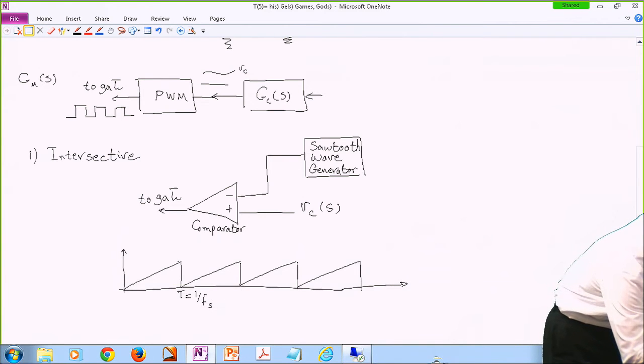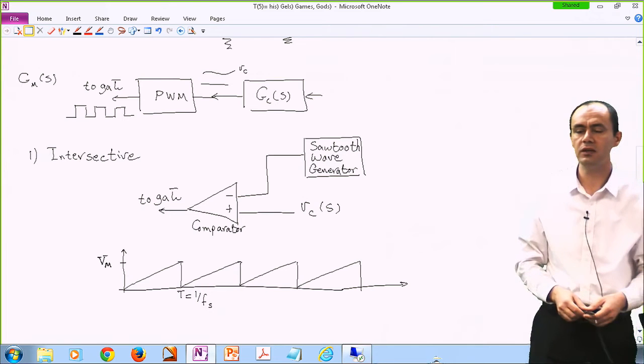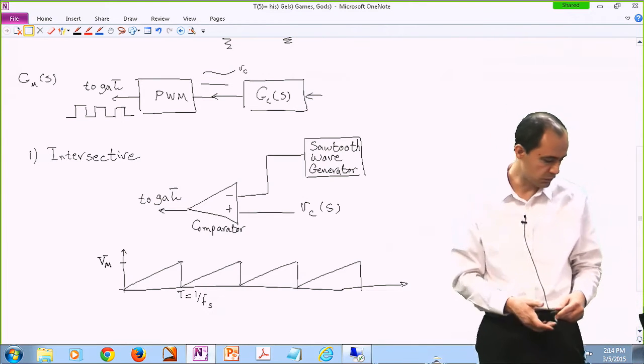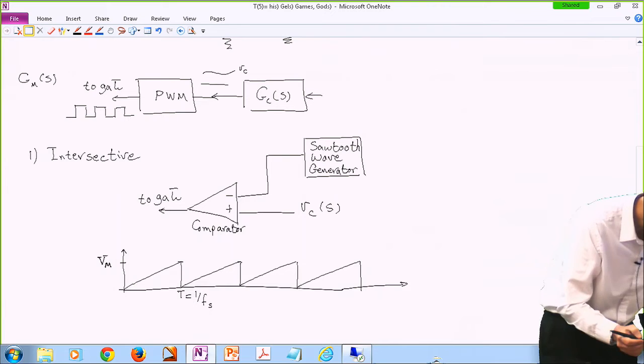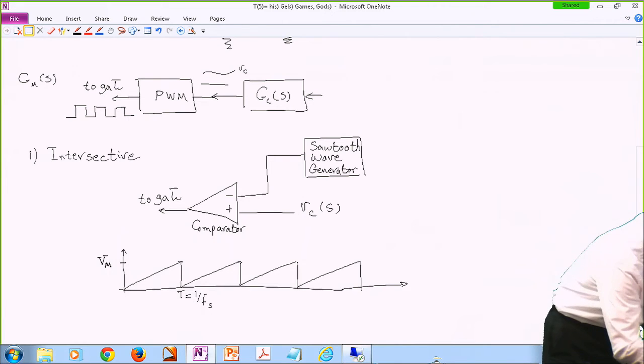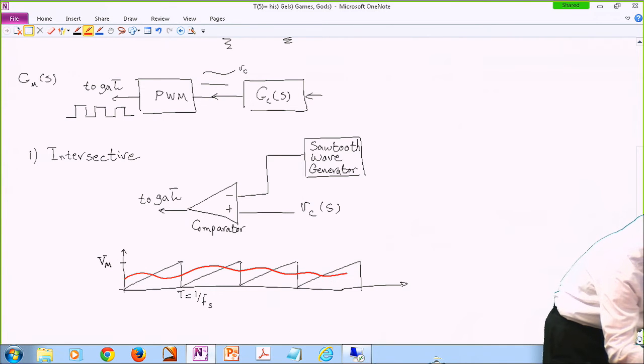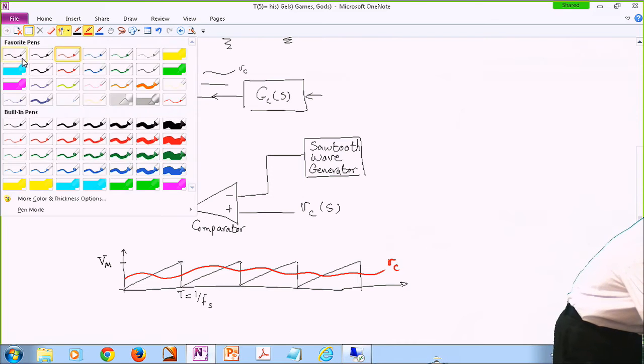One thing to highlight over here that we did not mention is that the peak value of this sawtooth waveform becomes important. I just call it V sub M, M standing for modulator or modulating. All right? And then we have VC being compared with it.